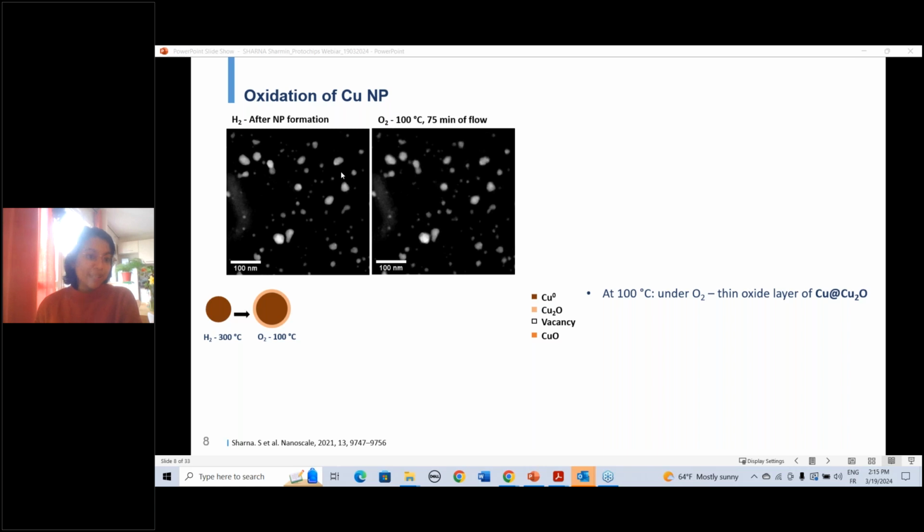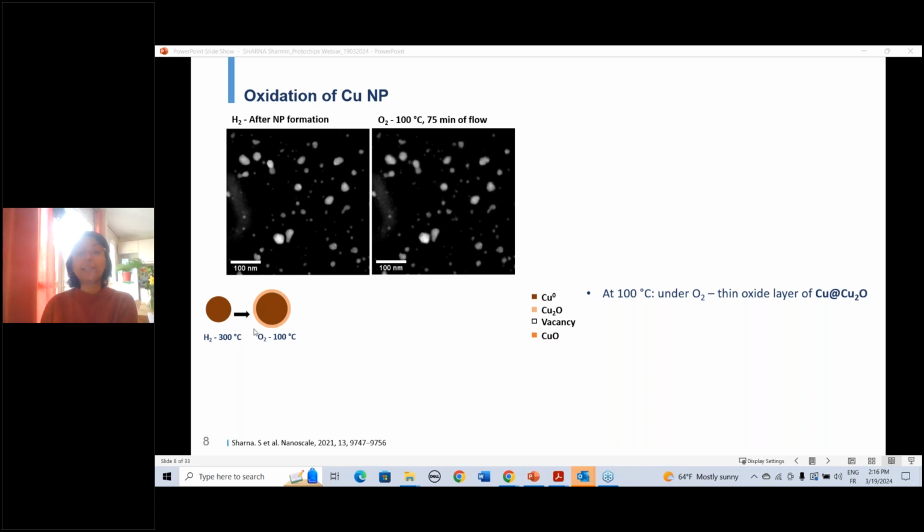During the oxidation, we initially have our nanoparticles, as I showed you, with a size of let's say 10 to 20 nanometers, formed under hydrogen at 300 degrees Celsius. Then we introduce oxygen, starting at a lower temperature of 100 degrees Celsius. After about 1 hour of flow, we see a layer of oxide forming on the surface of the metallic nanoparticles.